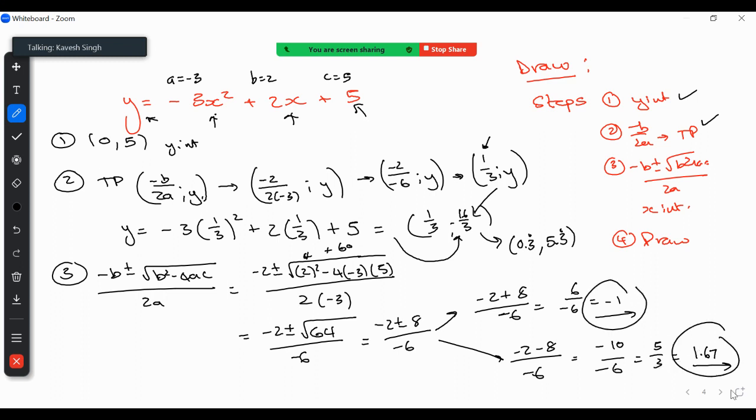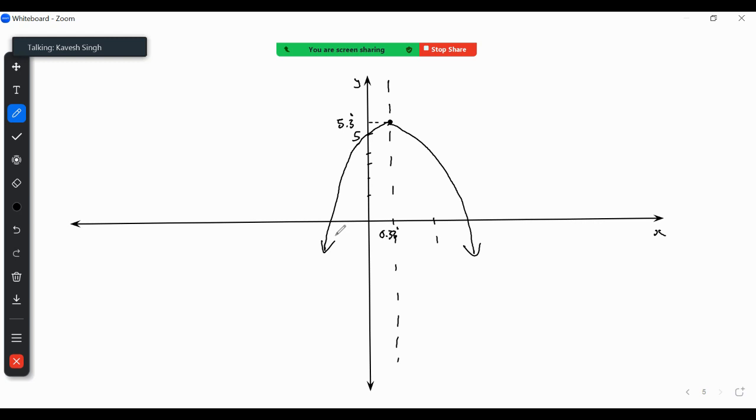Negative 1, 1.67 over there. And this coordinate is 0.33, 5.33, where the 3 is recurring. That's my vertex, and I've now drawn my parabola, and I'm done.